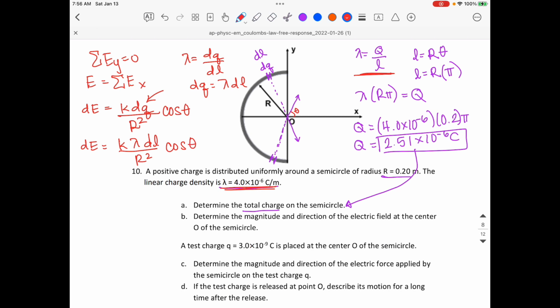And then from there, dl is a variable, and so is our theta value. So we need to find a way to condense those into each other. We already did it over here. L is equal to R theta.